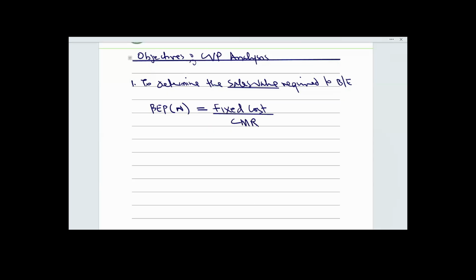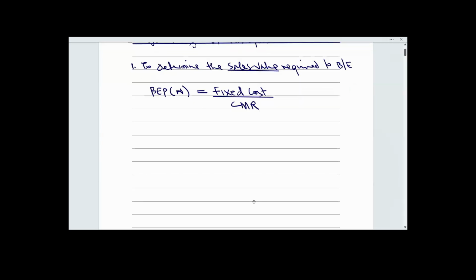So this is the ratio of fixed cost to contribution margin ratio. This will give you the sales value that the company will need to make in order to break even.